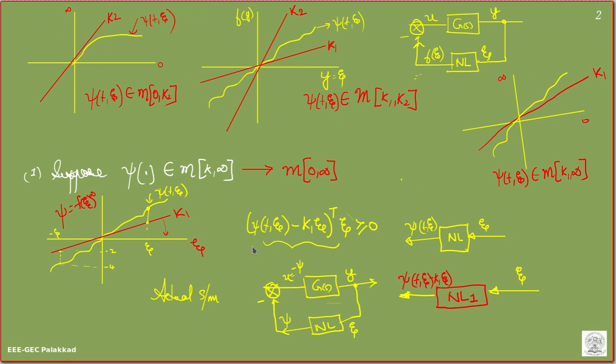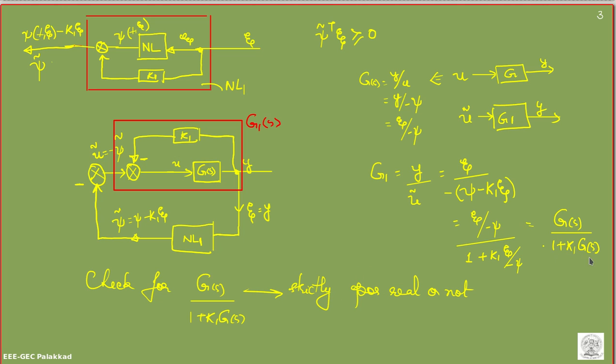The previous one, psi lying between k1 and infinity sector, we saw that we should check the positive realness of gs divided by 1 plus k1 into gs.